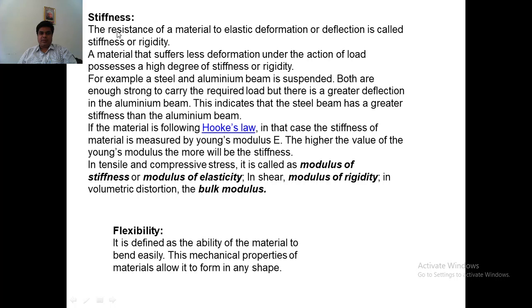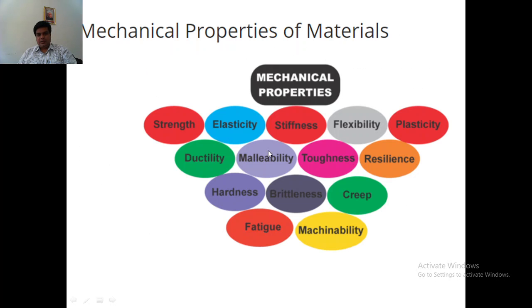So stiffness is a measure of elastic deformation, whereas toughness is a measure of plastic deformation. I told you there are two. Deformation means change in shape and size. Initially the metal will have elastic deformation, and how much resistance the metal offers to the elastic deformation is called stiffness.